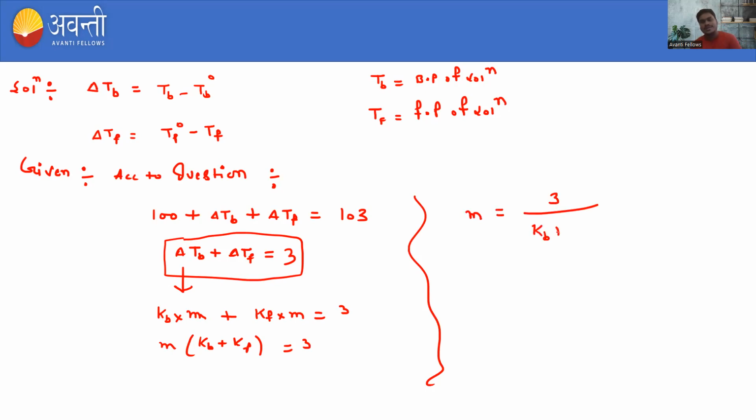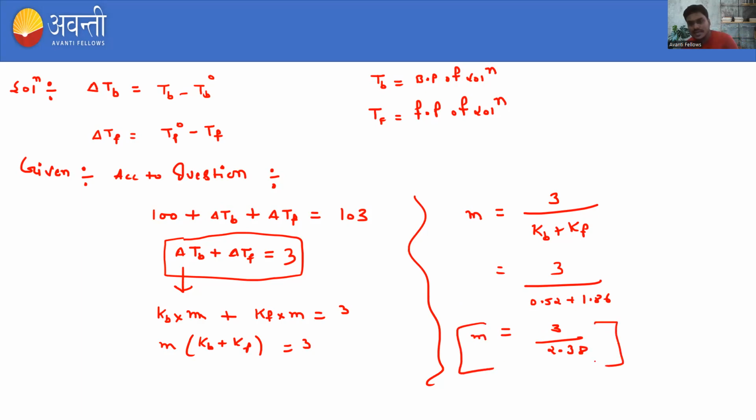So molality is 3 divided by (Kb plus Kf). Putting in Kb equal to 0.52 and Kf equal to 1.86, the molality comes out to be 3 upon 2.38.